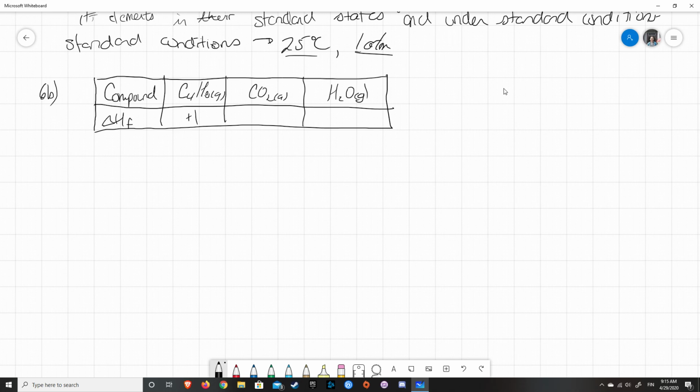And these values are +1, -394, and -42. And the formula that they give us that we need to work with: C4H8 plus 6O2 gas reacts to form 4CO2 plus 4H2O.